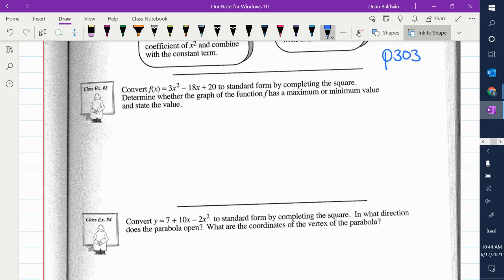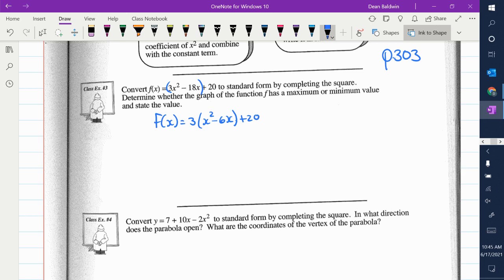The very first step is, again, bracket, but then you factor out whatever that leading coefficient is. So in this case, I'm going to factor out a 3. So I get f of x is equal to 3 x squared minus 6x, and then the 20 is there.